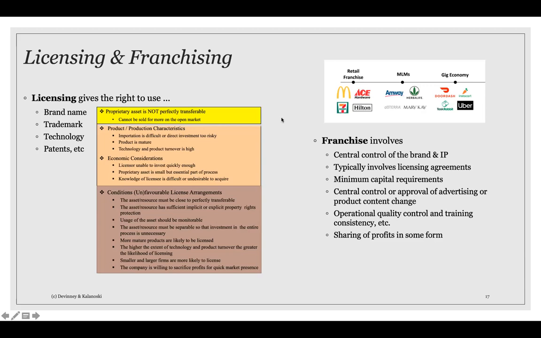You can license without franchising, which means I can license the right to use my brand name and say, subject to certain conditions, you can use my name. But franchising almost always exists with licensing, simply because there are these intangible components of ownership, which are the things that drive what's going on.